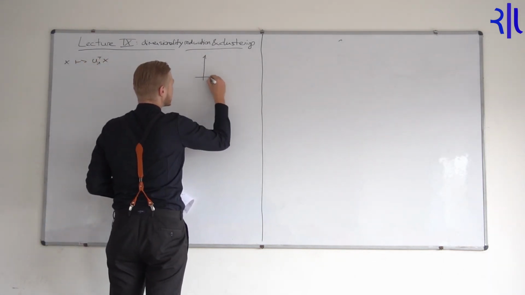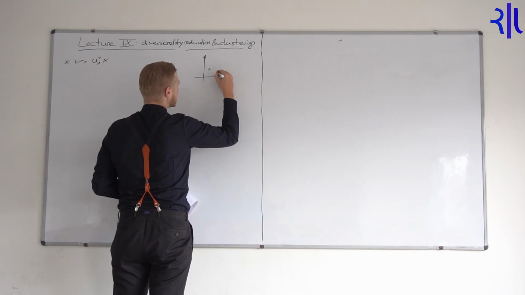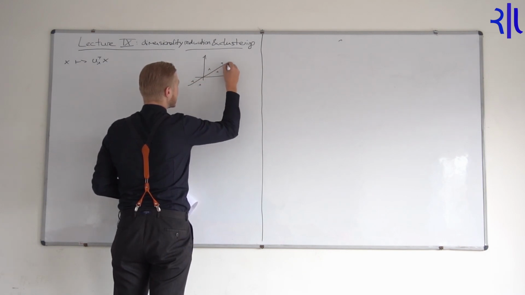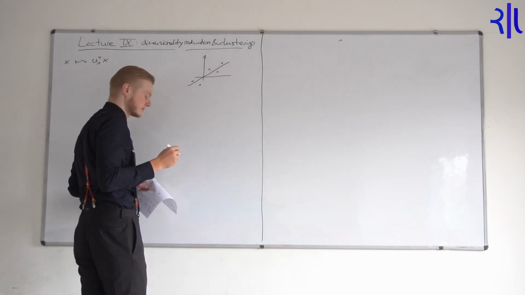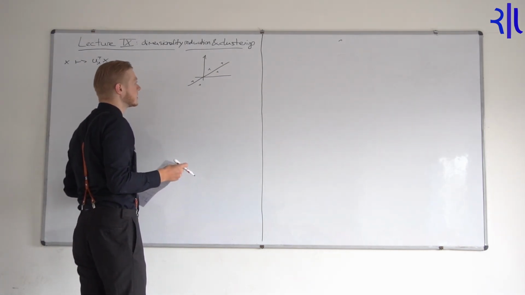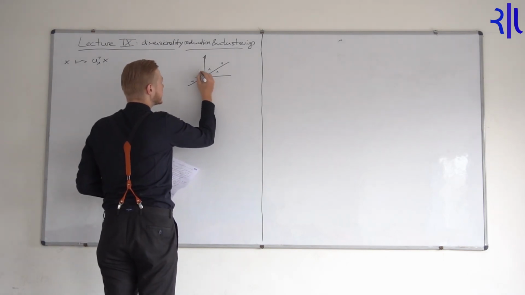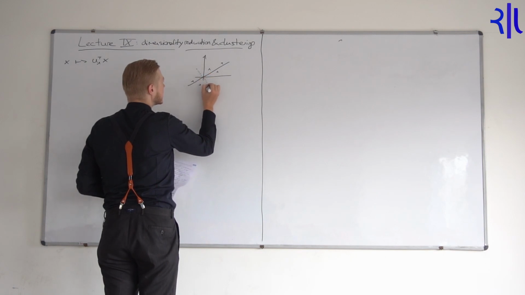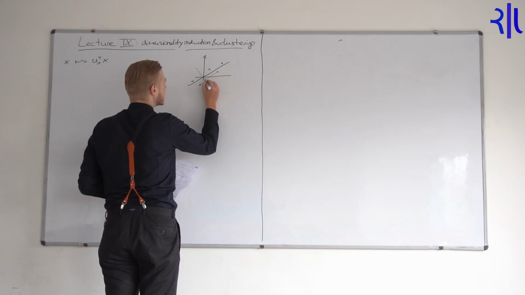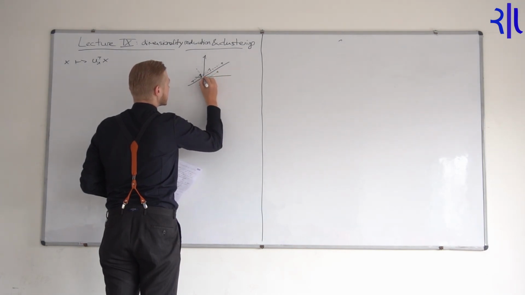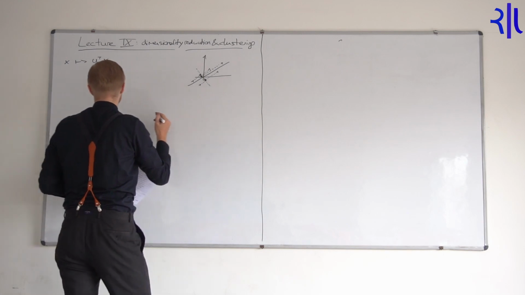So our data first looked like that. And we found this as the first axis that we want to project on. And we can now take out that component, and we're left with a transformed data set here on this axis.